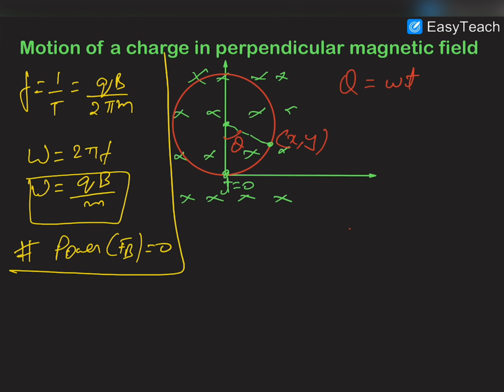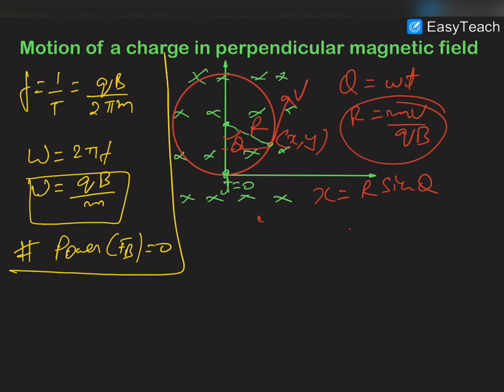Omega we have already calculated, and v will be the velocity of the particle in the tangential direction. This is the radius. The radius of the path will be m v by q B, and the x coordinate of the particle will be equal to r sine theta, and the y coordinate of the particle will be equal to this one.